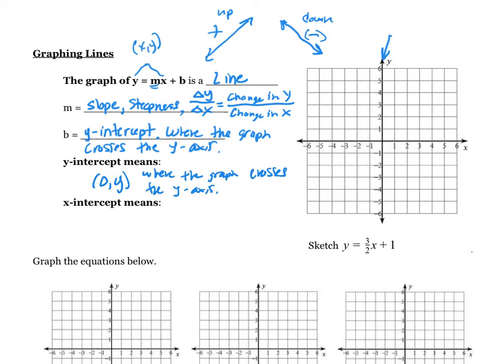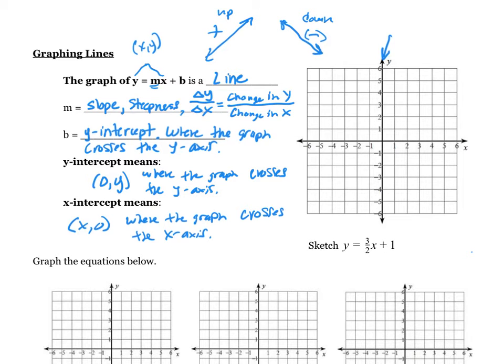The x-intercept is when the y is 0, and this is where the graph crosses the x-axis. Now, as we learn how to graph these equations using this technique, we're most concerned with the y-intercept. The x-intercept will be something that we look at a little bit later.